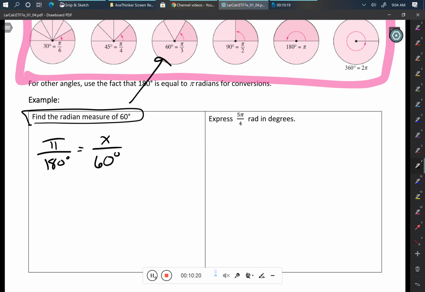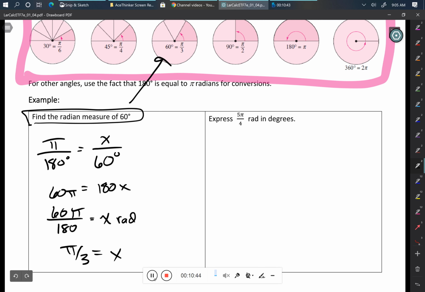So crisscross multiply, you get 60 pi is equal to 180x. 60 pi divided by 180 is equal to x, and now these are going to be radians, right? I mean, they always have been, but when we simplify that down, we get pi over 3 is equal to x radians.